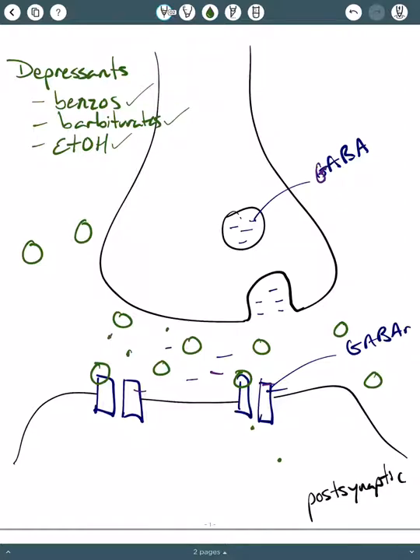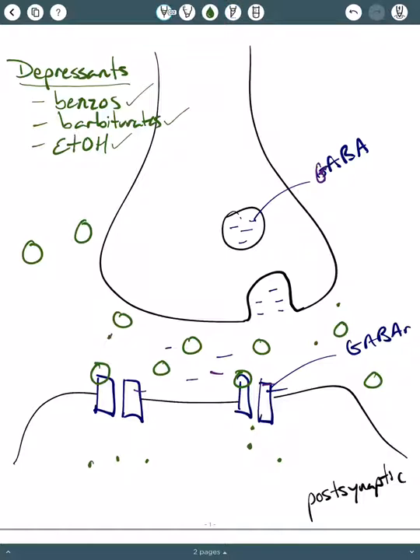So we can describe the depressant drugs as GABA receptor agonists because they enhance the inhibitory effect of GABA on the postsynaptic neuron, so that these chloride anions, these negatively charged ions, you're going to get more of them passing through the channel over a longer period of time than you would have without that enhancing effect of the depressant drugs.